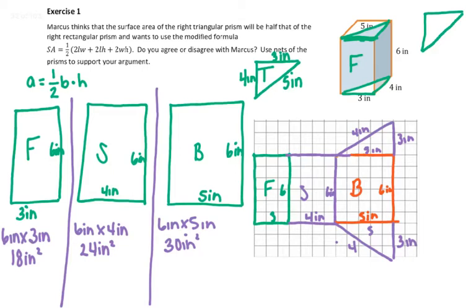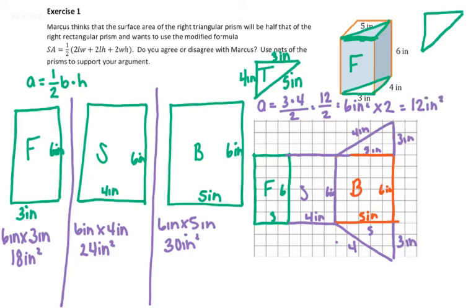So I can do this in 2 ways. The area of my triangle is 3 times 4 divided by 2. So that is 12 divided by 2. So the area of my triangle is 6 inches squared. And I actually have 2 of those, so I'm going to multiply this by 2. So I've got 12 inches squared for the area of both of my triangles.